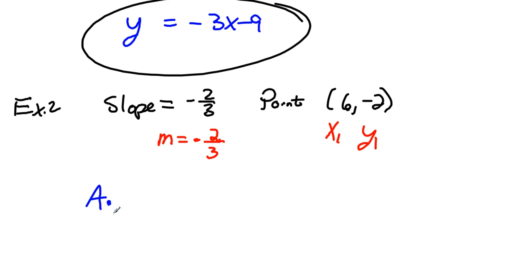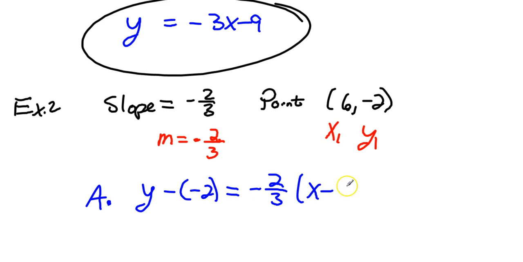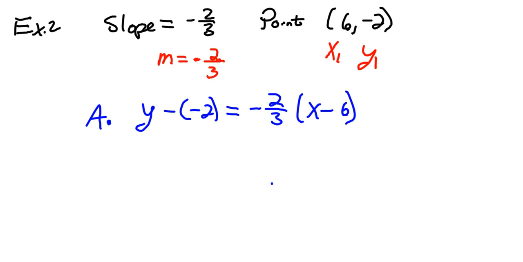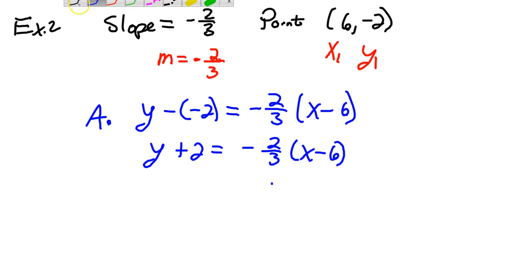So for part A, it is y minus y1 equals m times x minus x1. And for this one, there's only one thing to do. We have the minus negative here, so make that a plus. And that is your part A answer.